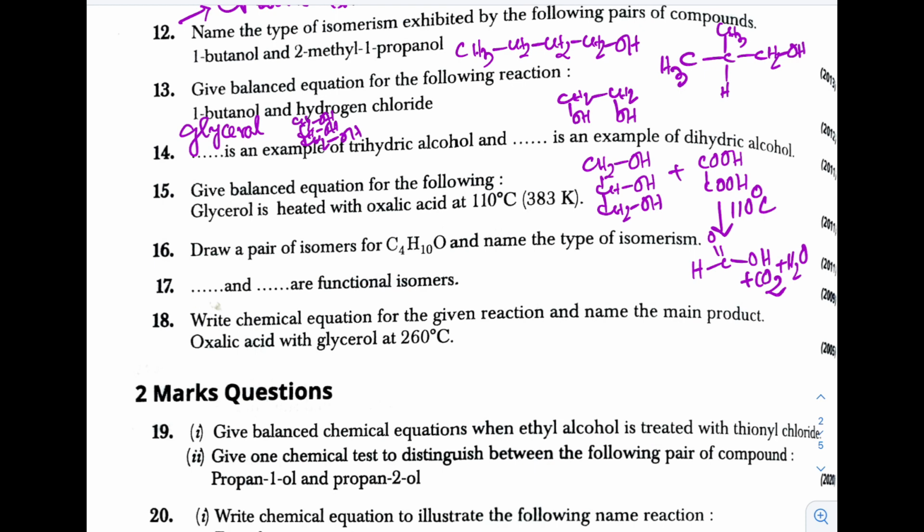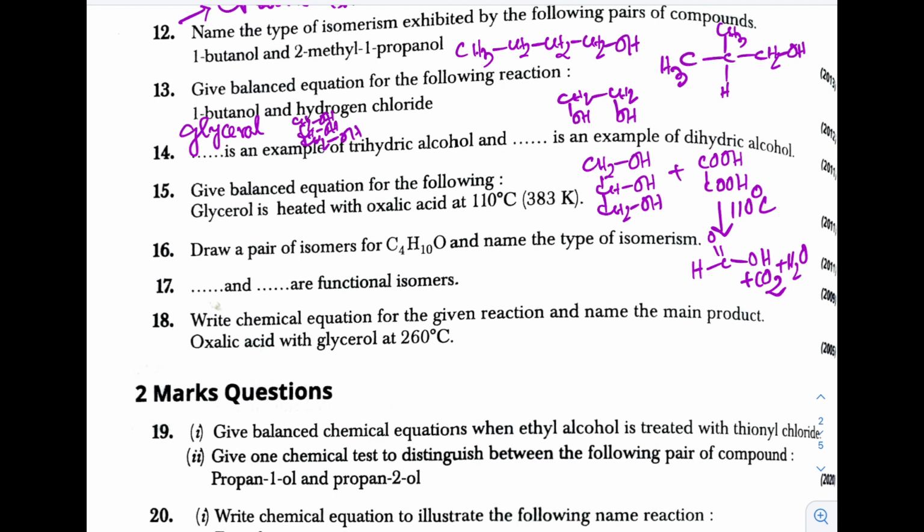Perhaps it will be alcohol, and one alcohol will be there and one ether will be there. Right, next, write the chemical equation for the given reaction and name the main product. Oxalic acid with glycerol at 260 degrees Celsius.